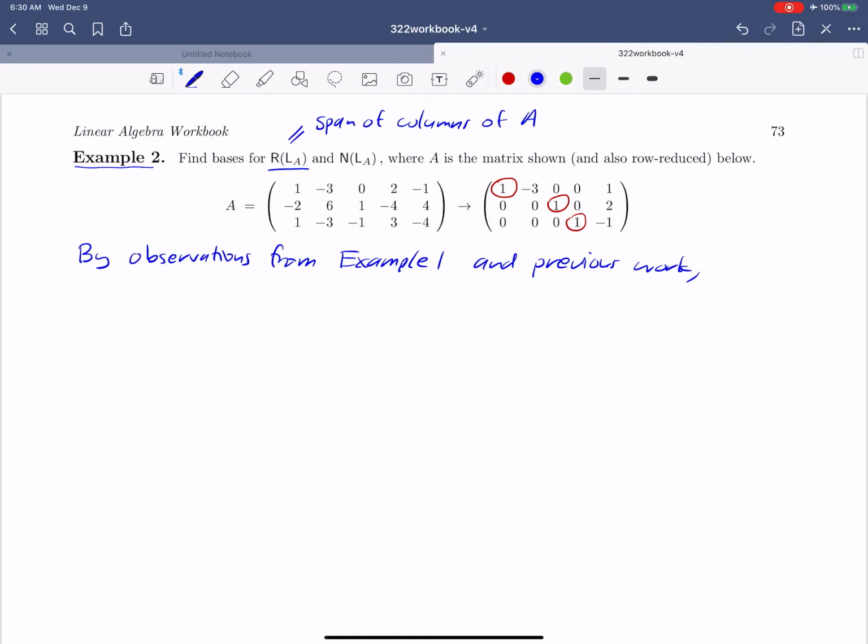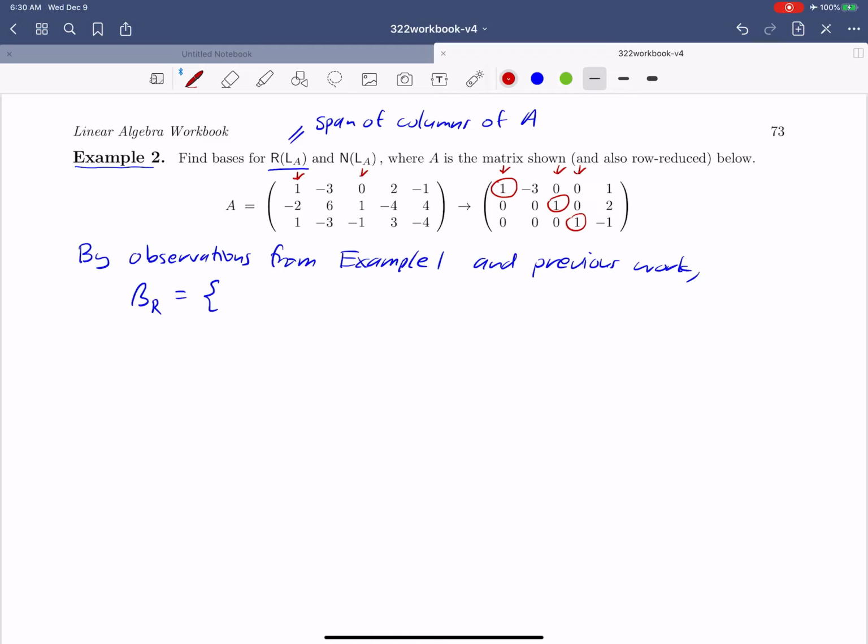So the basis, I'll call it BR, for the range of L of A, is just going to be the 3 corresponding columns from A. We've got a pivot position in the first column, in the third column, and in the fourth column.